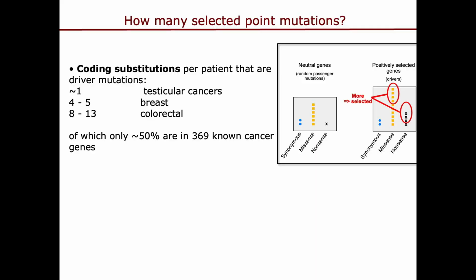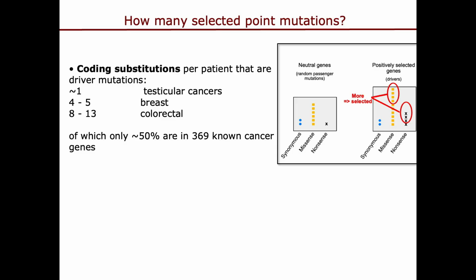And it's important to stress that we're only talking about point mutations here, and as we'll see later, the number of structural mutations in DNA is substantial and will add to these numbers. An important point that this analysis raised was that of this estimated number of selected mutations, only about half of them were in cancer genes that were already known cancer genes.